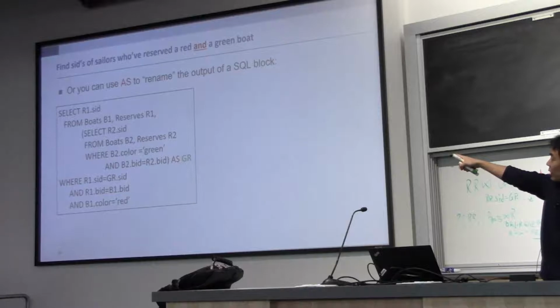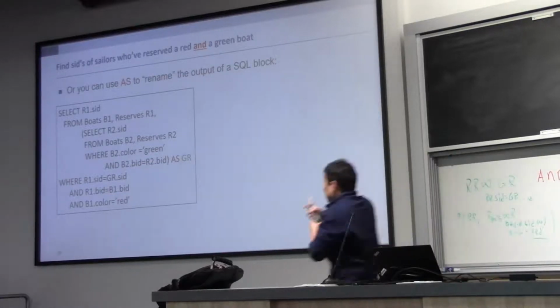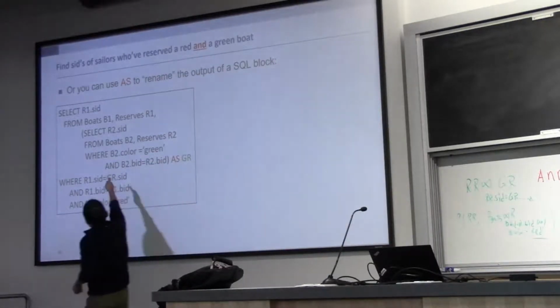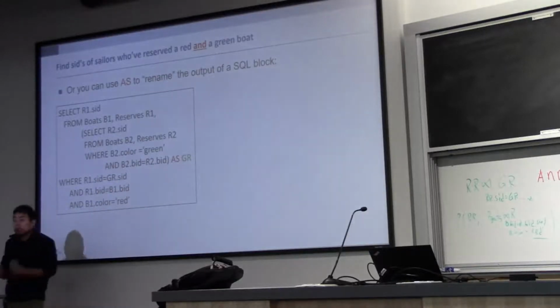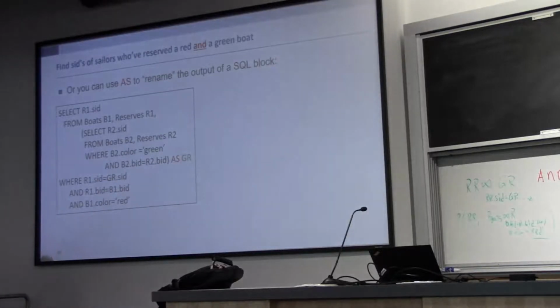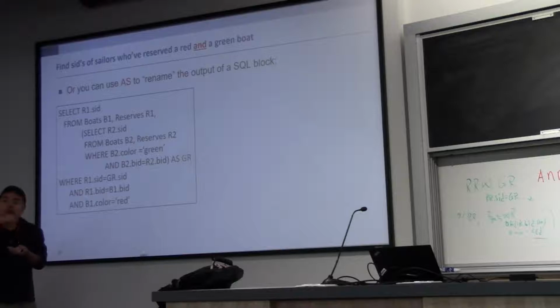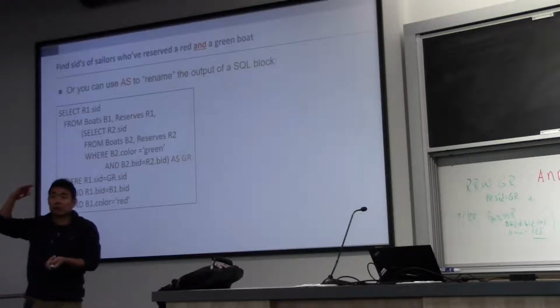You're nesting an SQL block, this select-from-where, to define the green CIDs. Green CIDs means those CIDs who have reserved a green boat. You're using an SQL block to define a relational instance to facilitate the construction of that outer block.